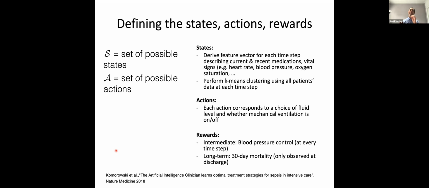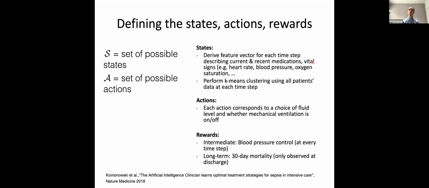Every patient at their point in time is assigned a number corresponding to which cluster that data point went to in k-means clustering. And so now we have a state space of 500 different states that we'll use in defining this Markov decision process.